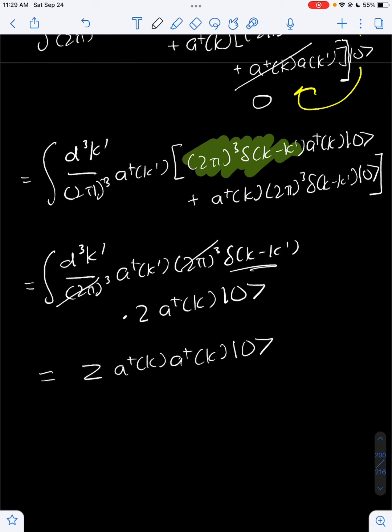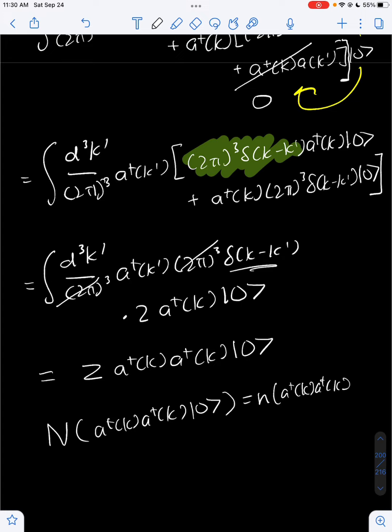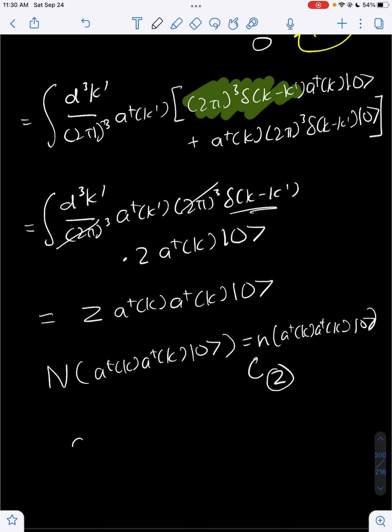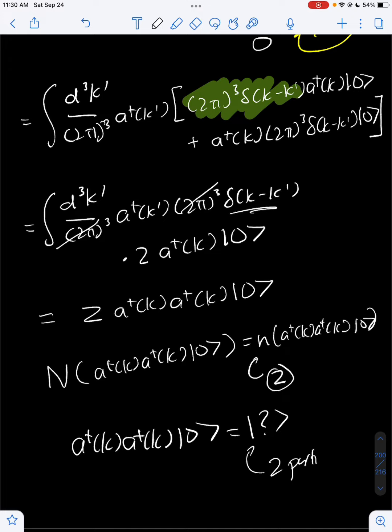So again, we had n of A conjugate K acting on the vacuum state gives us n times A conjugate K acting on the vacuum state, and n is just going to be 2. This means that A conjugate K acting on the vacuum state gives us some state that has 2 particles inside.